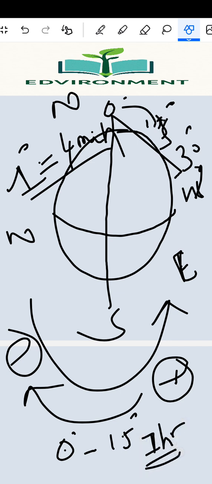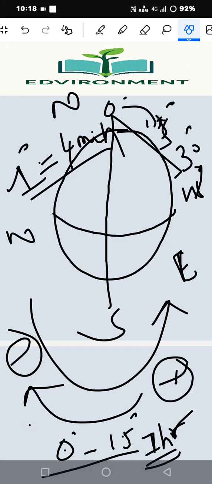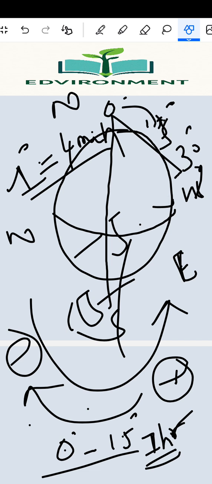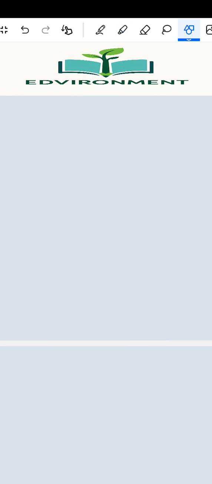So now you can add 15 more degrees from here. If you're moving from 15 to 30, then 30 to 45, and you go on adding, you can understand very easily how this is working.